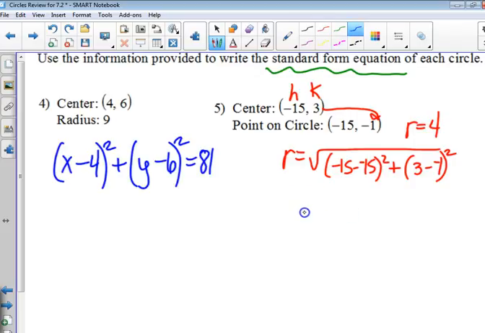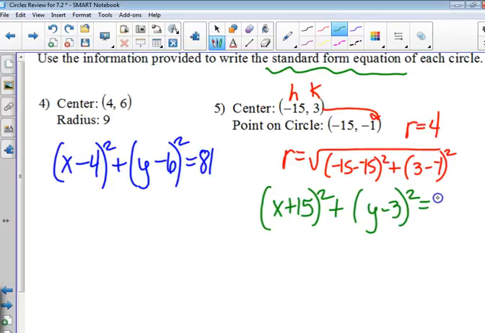So this would come out square root of 16, which is 4. That's the radius. Now what's the formula look like, or the equation of the circle, guys? 16, right? Because radius squared, everybody all right?